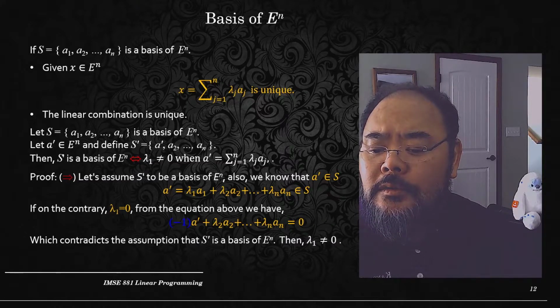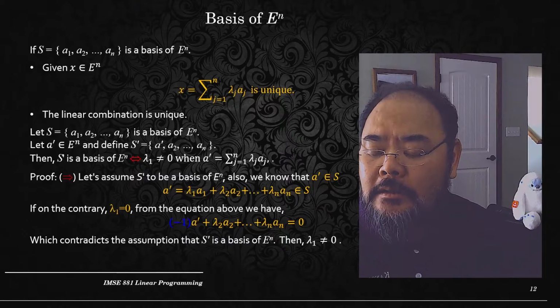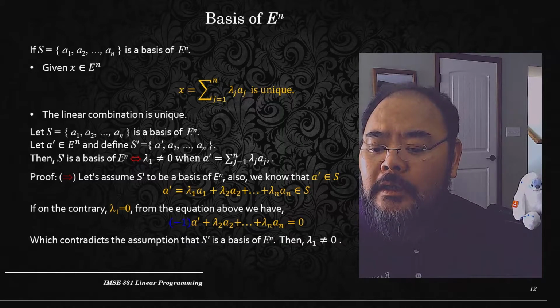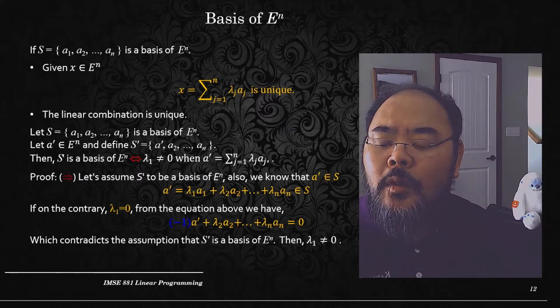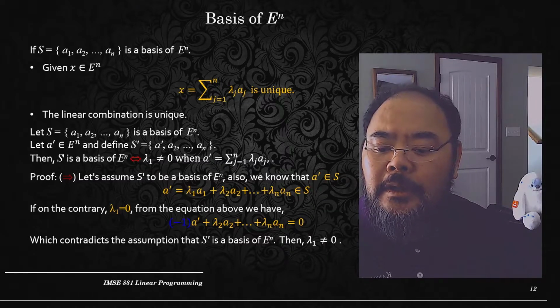So we would like to see if S prime can be another basis of n-dimensional Euclidean space if and only if lambda 1 is not equal to 0. Lambda 1 is the coefficient in the representation of A prime using the linear combination of A1 to An.